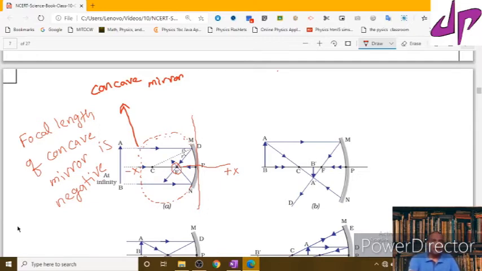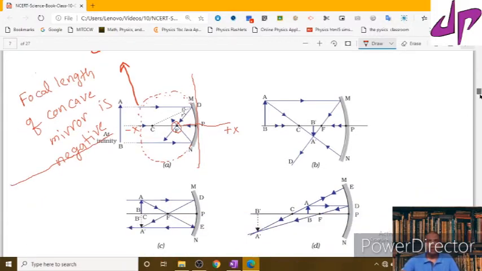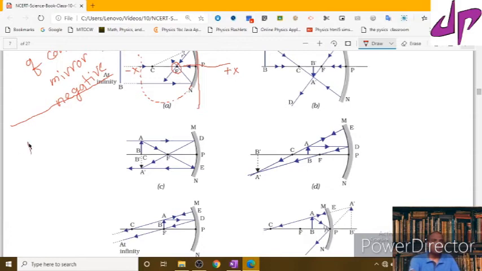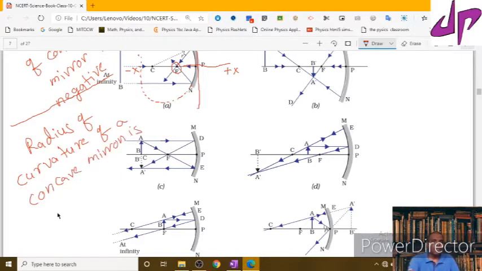Not only focal length, the radius of curvature of a concave mirror is also negative. So for a concave mirror, the focal length value is negative and the radius of curvature is also negative.